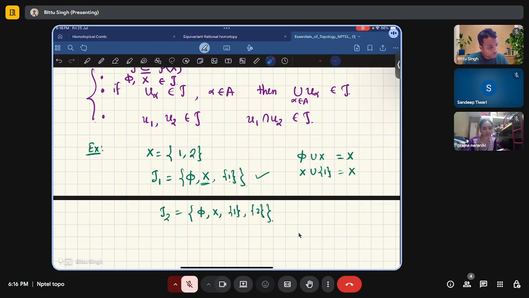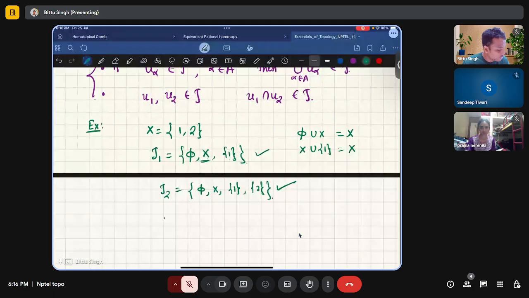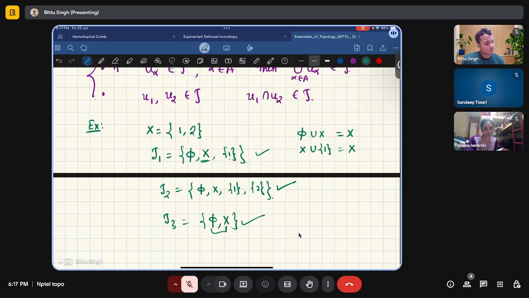So this is also a topological space. Similarly, there are other choices. One can take only the empty set and only X. Then again there is nothing to check, because the union of those two things is X and the intersection is empty. So this is also a topological space.